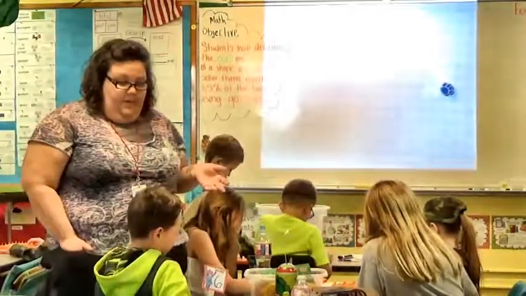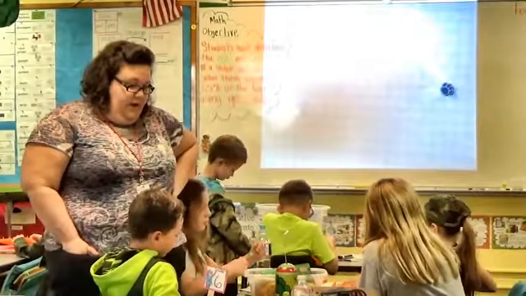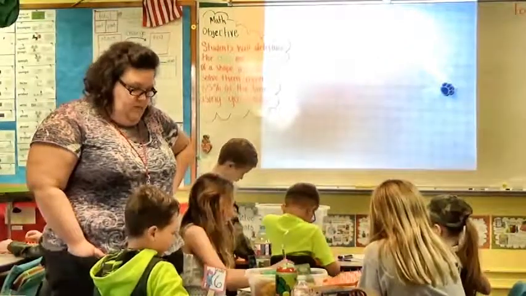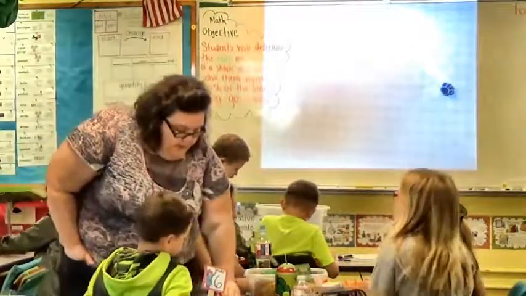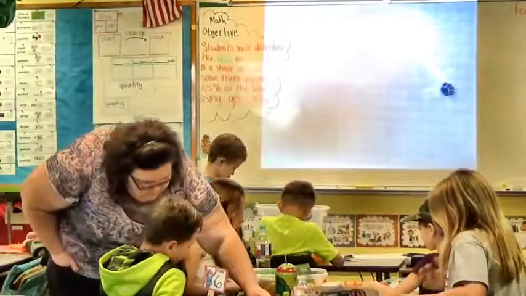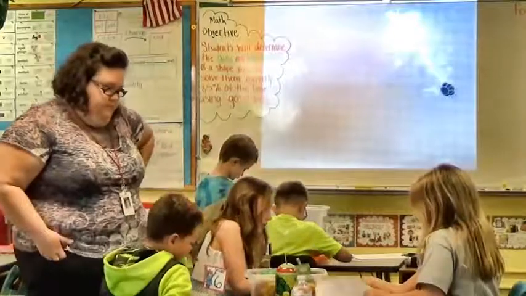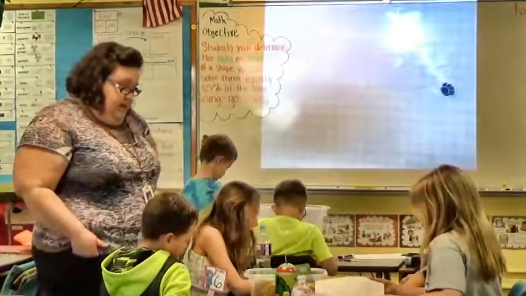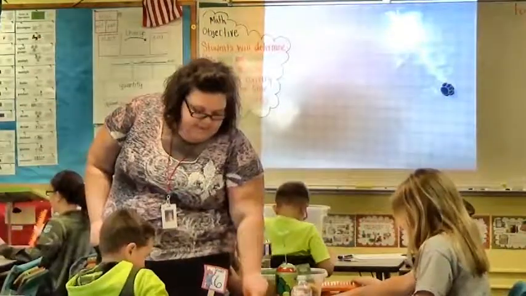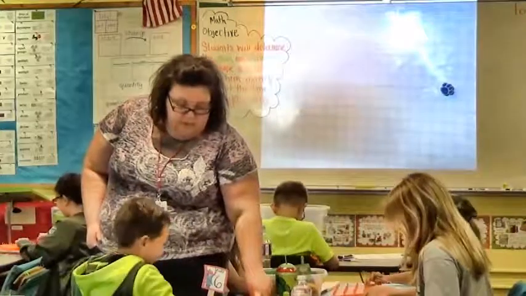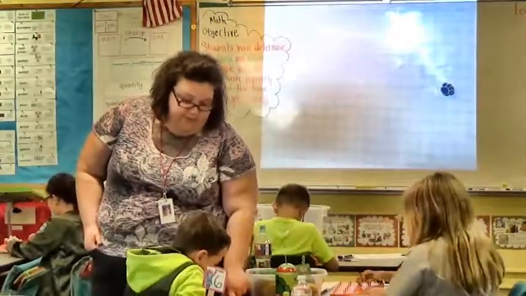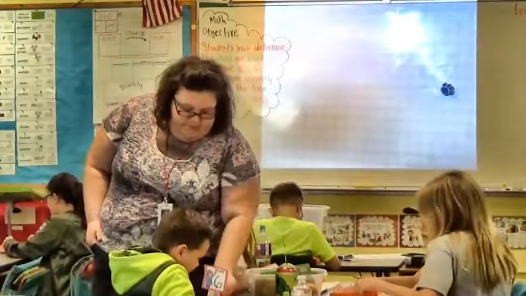So what's your perimeter going to be of the big green one? The green one all the way around here. Yeah, this is 3 and this is 3. You did challenge yourself. I'm very proud of you for doing that. So 3, 3, 3, and 3.